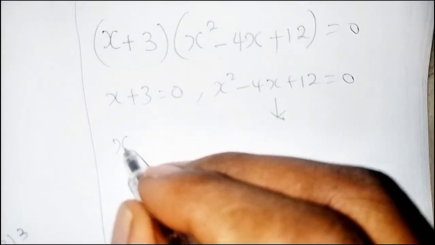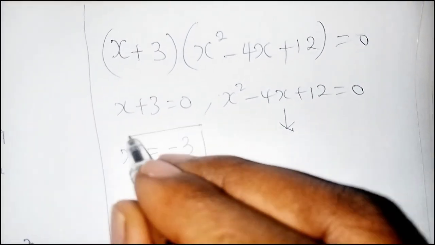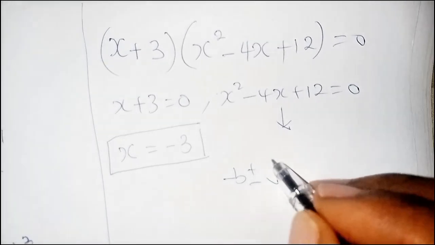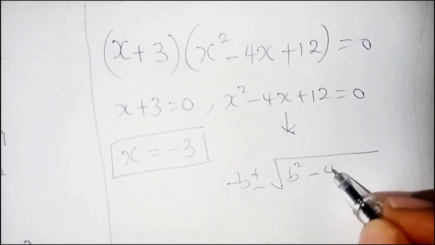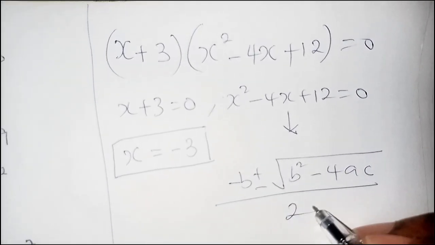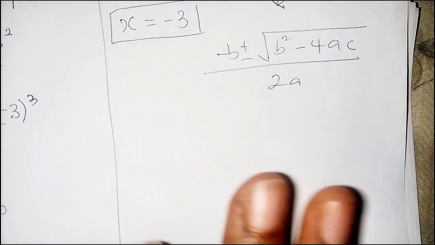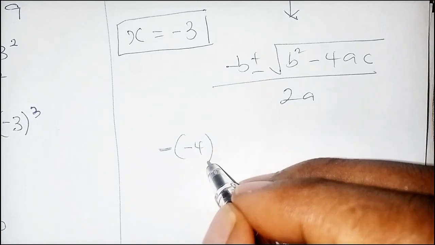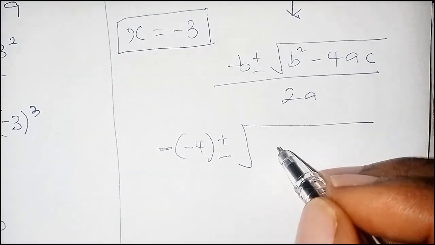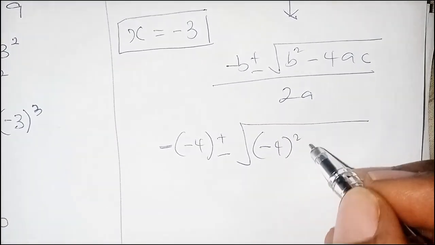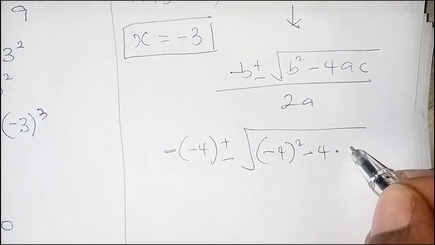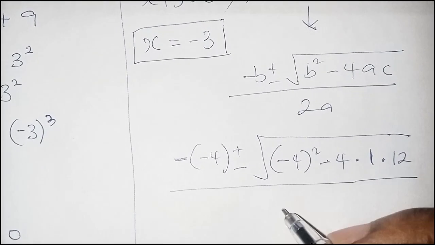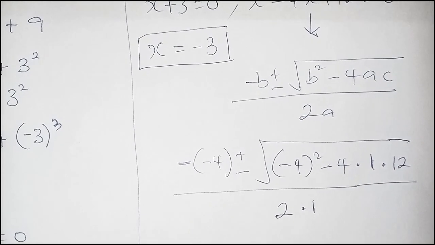So this will give us minus 3, which we've known already. x equals minus b plus or minus square root of b squared minus 4ac, all over 2a. So our b is minus 4, plus or minus square root of minus 4 squared minus 4 dot 1 dot 12, all over 2 dot 1.